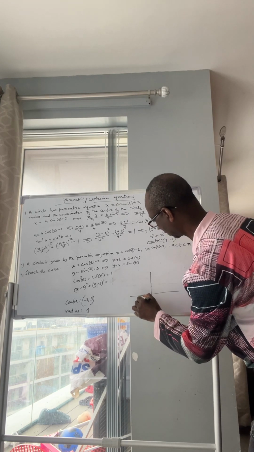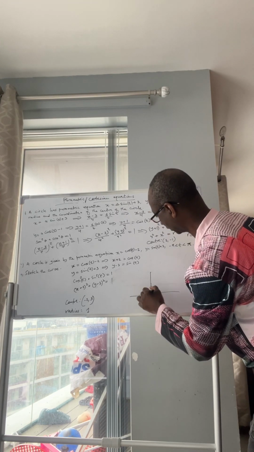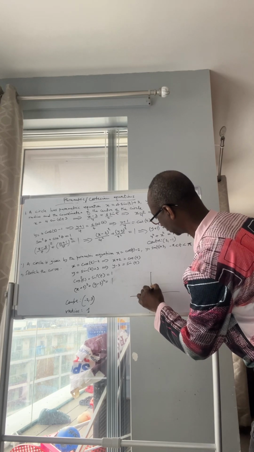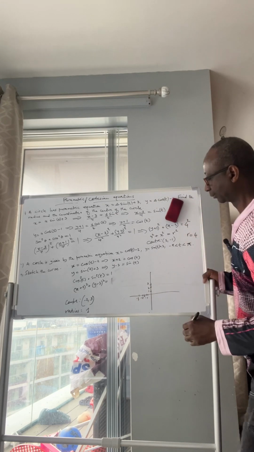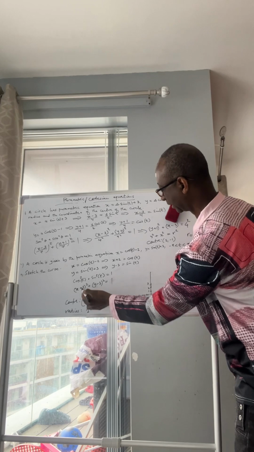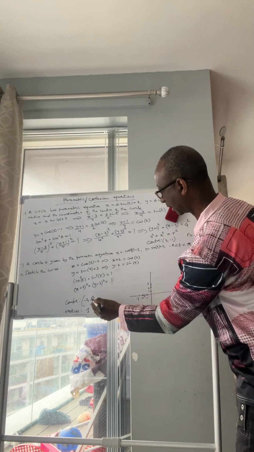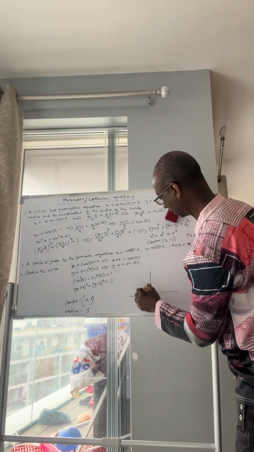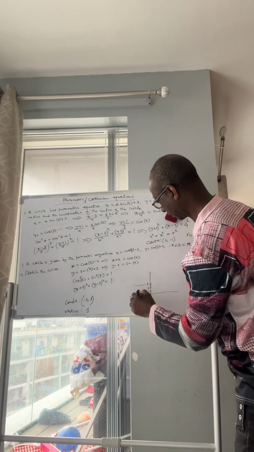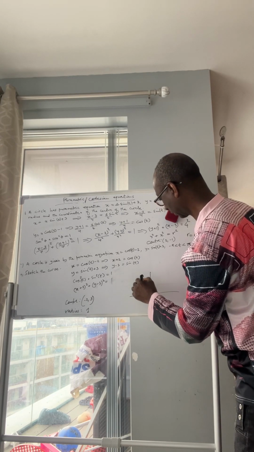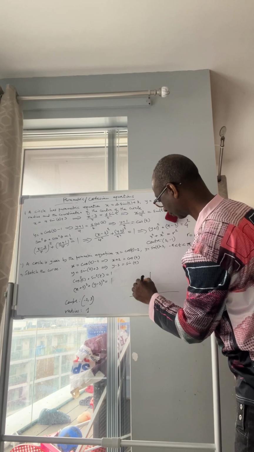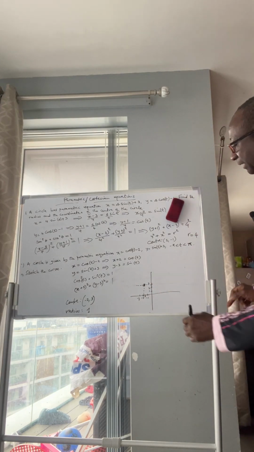So x is minus 2, which is here, and y is 3, which is here. If you draw this line here and your minus 2 here, they meet here. So this is the center of your circle.